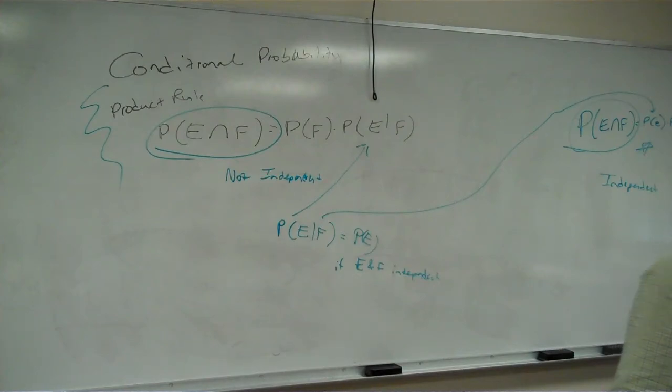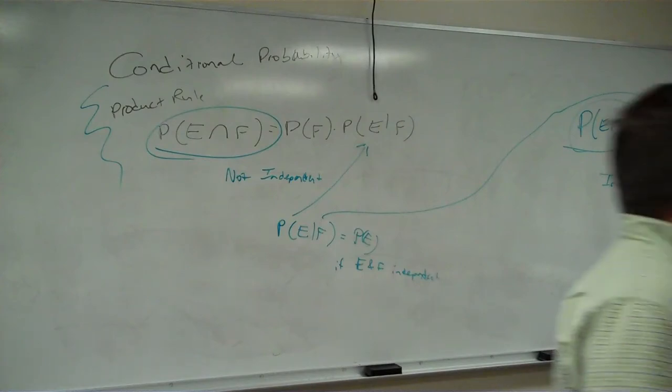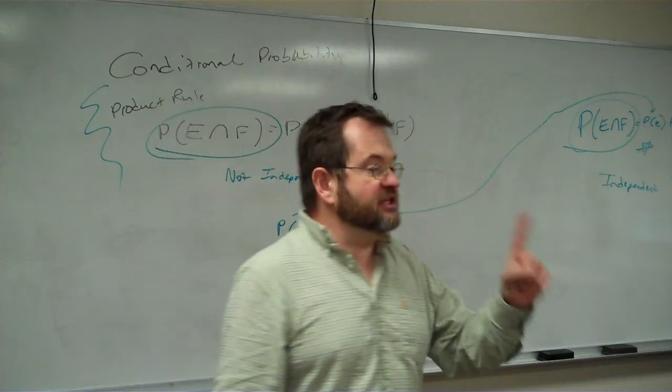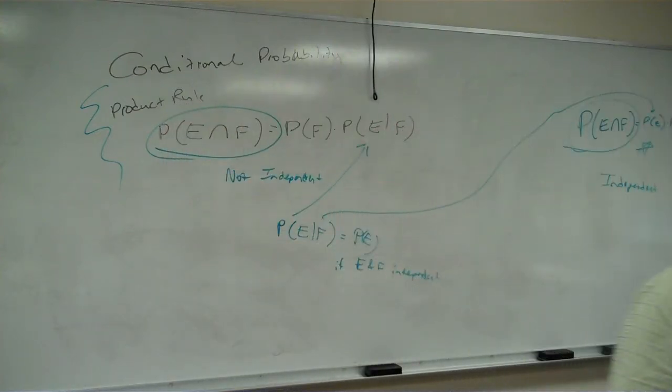If I got the ace of spades the first time, then the probability of getting it the second time is 0. There's no ace of spades left. If I didn't get the ace of spades the first time, then the probability is 1 out of 51, because there's one card that's right and there's 51 cards left. Without replacement is often a clue that this is a not independent thing.